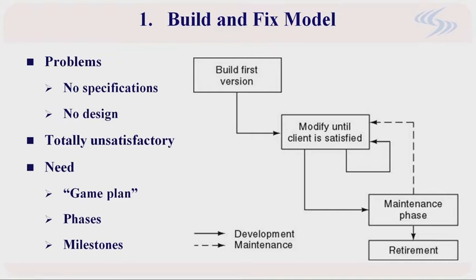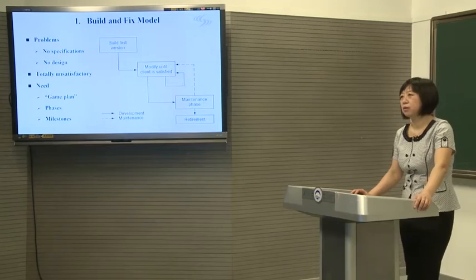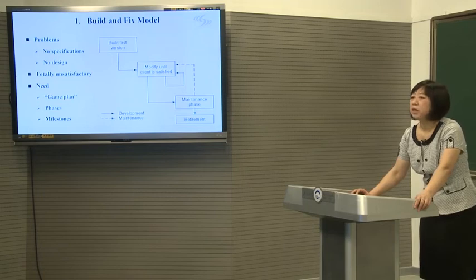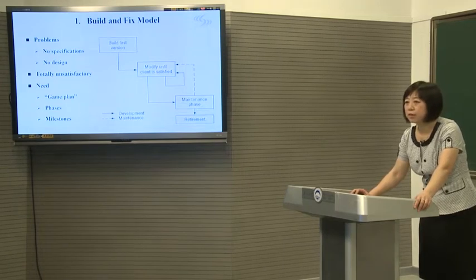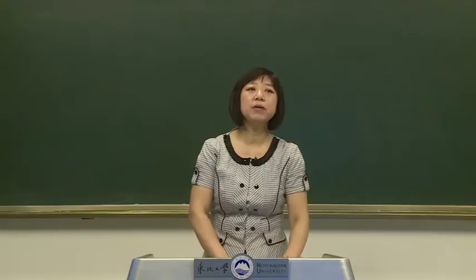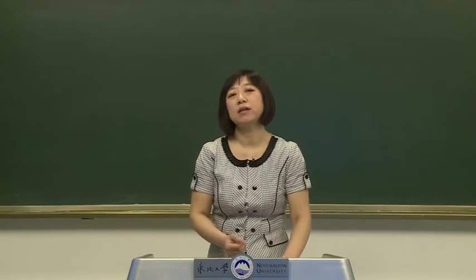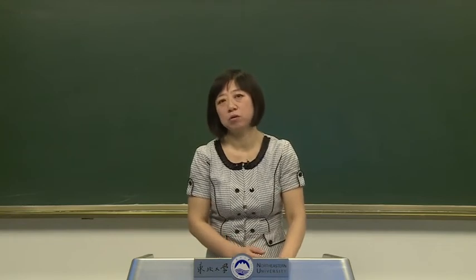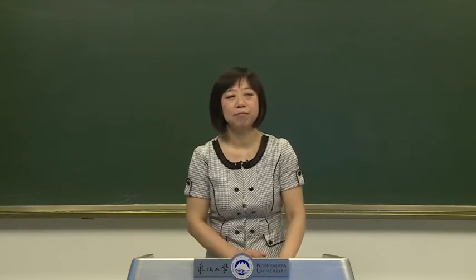So surely the target software system will be totally unsatisfactory. This model may need a game plan, phases, milestones, and so on. So you can find that the build and fix model is really not a good one. We should try to avoid the build and fix model for our target software system.